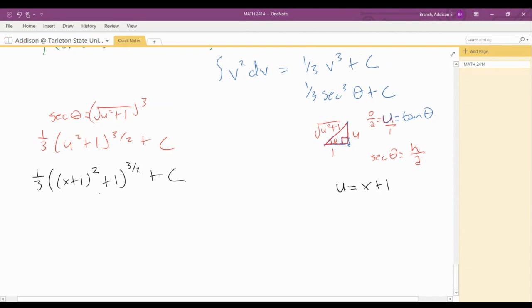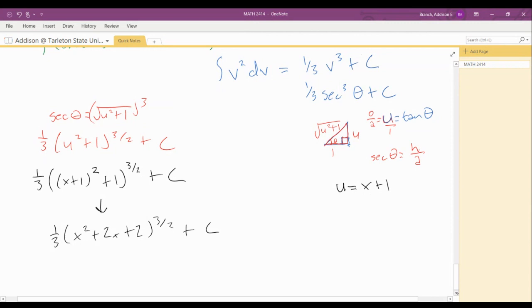And you can be done, and you can also compare that to just 1/3 x squared plus 2x plus 2 to the 3/2 plus c, which is what you would have gotten if you did u sub much earlier in our problem.